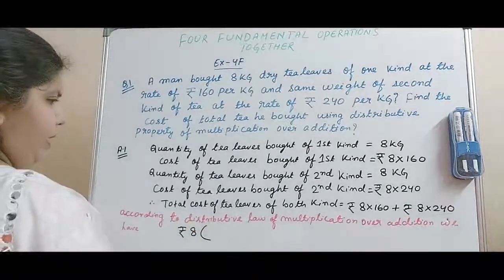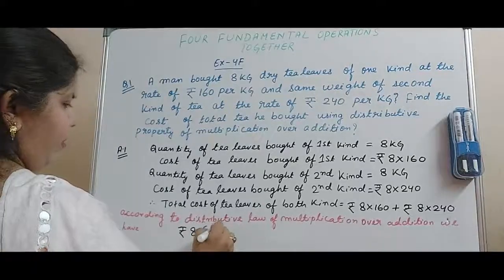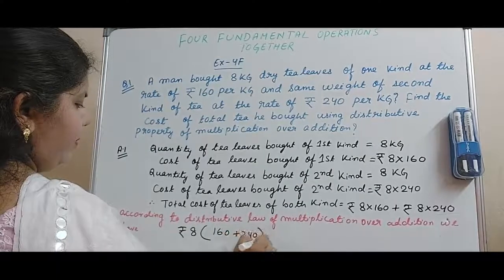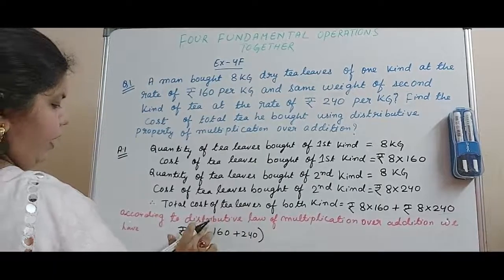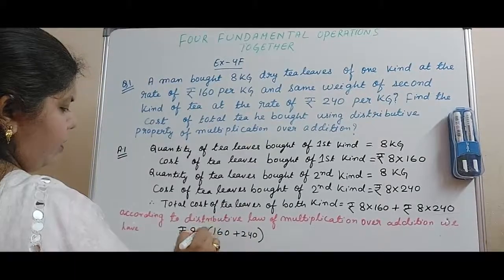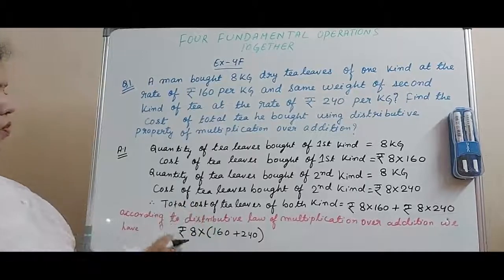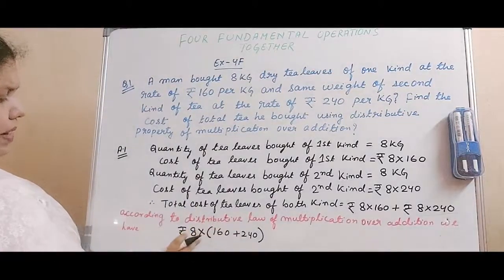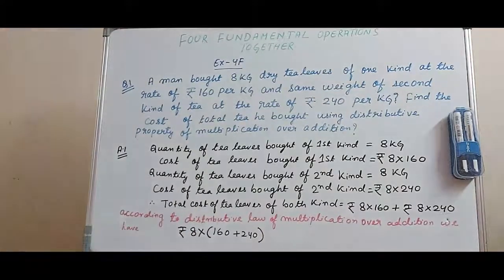Inside the bracket, it will be 160 plus 240. Don't forget to give a multiplication symbol also here, because rupees 8 is multiplied with both of them. So outside the bracket you keep the multiplication.